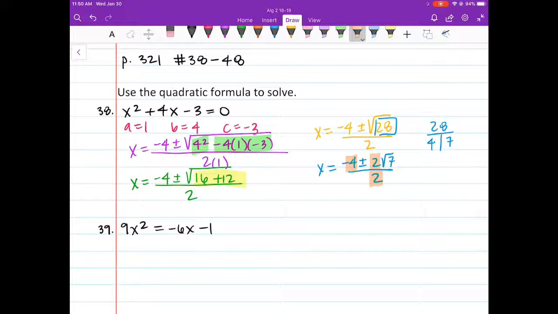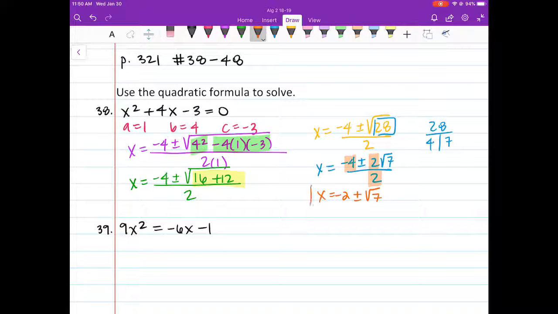I can divide everything by 2. So I have x equals negative 2 plus or minus 1 root 7 all over 1, or better yet, just negative 2 plus or minus root 7. And there are our answers.